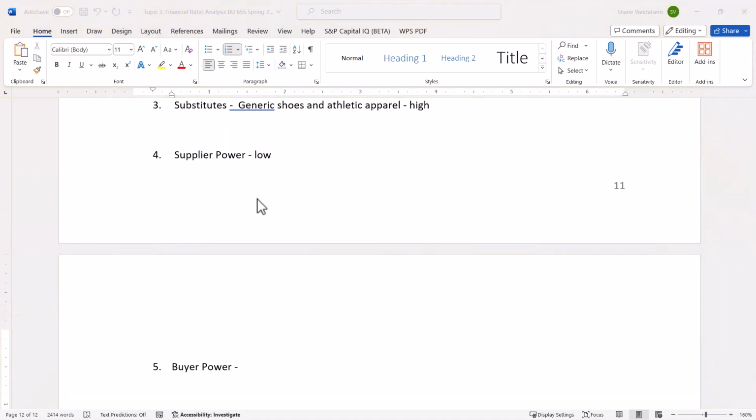The key thing here, though, is that there's not one customer or even a small group of customers that make up most of or a meaningful portion of Nike's sales. So the buyer power is also low here, which creates more profitability within that industry.